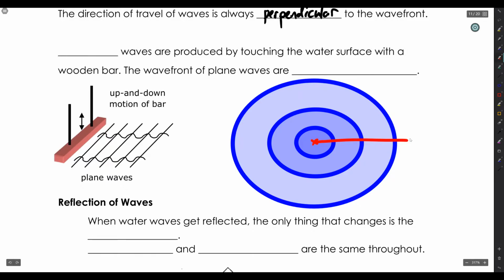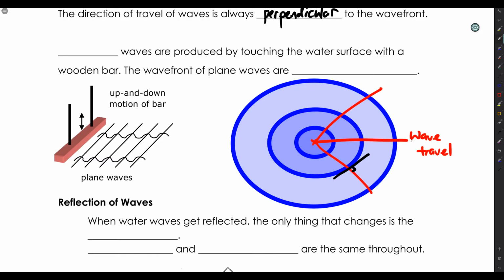So the wavefront is always perpendicular to the wave travel. This red one is the wave travel, and the wavefronts are the blue ones. You have learned in math how to deduce the tangent of a circle.